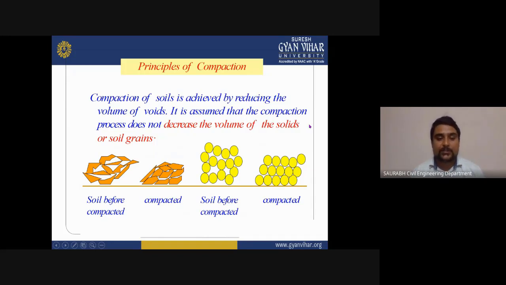As you can see, soil before compaction and what is happening in the compacted soil: here you can see the voids are removed by compaction, and in the soil after compaction, you can see the soil particles are closer to each other. Here the soil particles are not close to each other, and they will not bear a high load. And if soil particles are near to each other, they can bear a lot of the load of your structure.